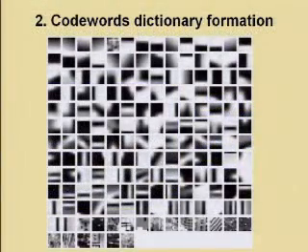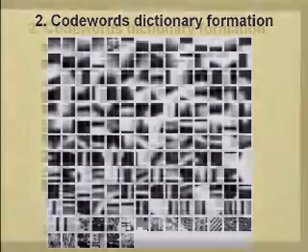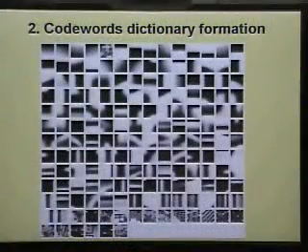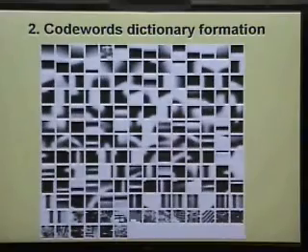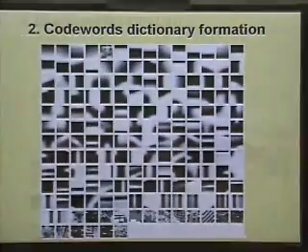Then we can throw all these thousands of patches into a very simple clustering algorithm like k-means and get a global dictionary out of all these things. And this dictionary in this particular experiment looks like this. Nothing unusual. It basically looks like little simple structures of images.